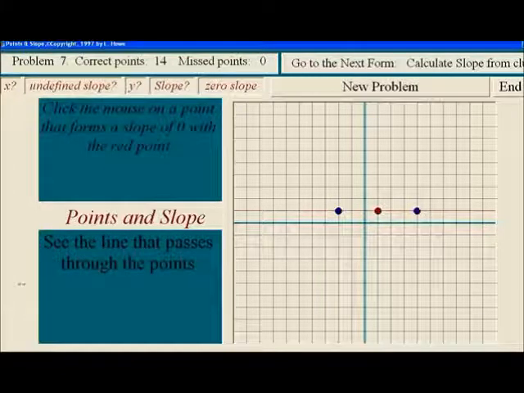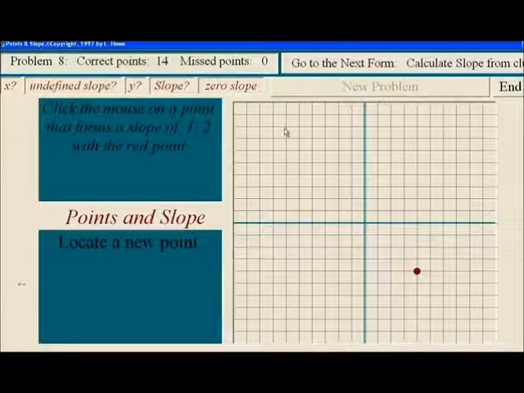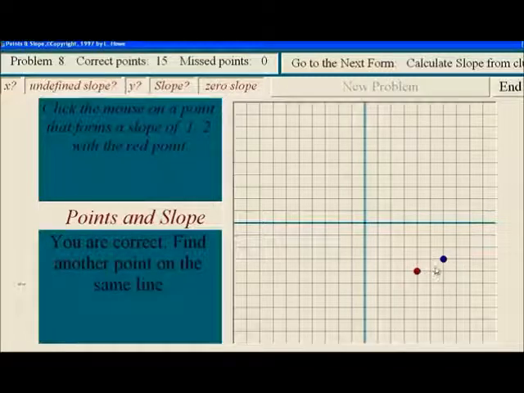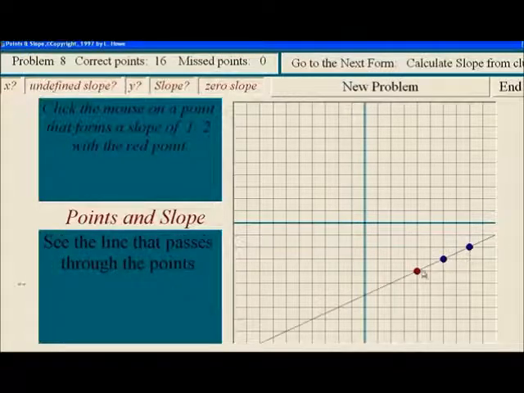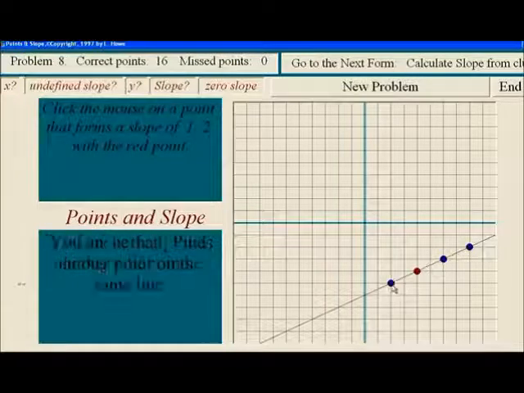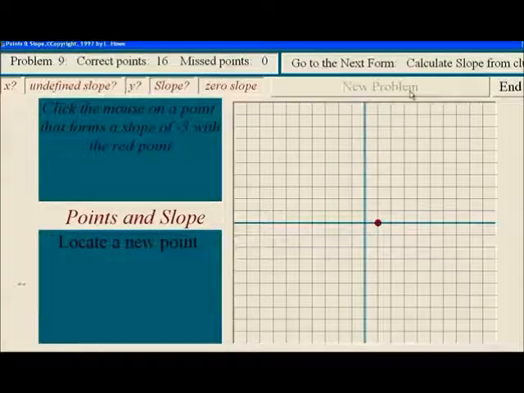A slope of 0, that's the roads out in Kansas, and you can click any point along here. Slope of 0, as opposed to a slope of undefined. Slope of 1/2, rise before you can run. 1/2. You could go 1/2 again, or you could go down 1 and backwards 2. New problem. Slope of -3.